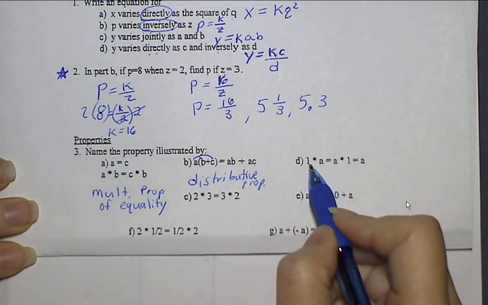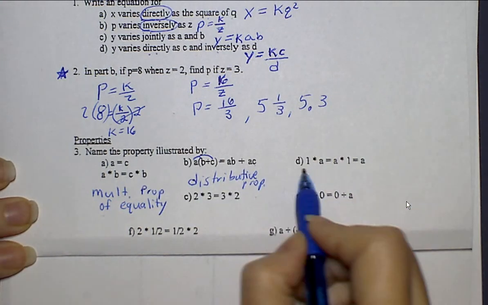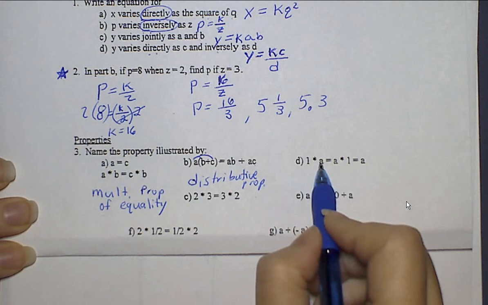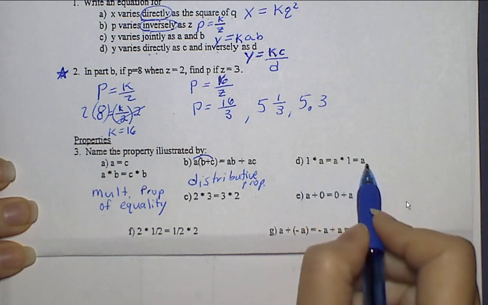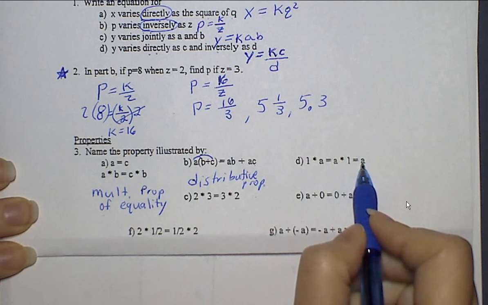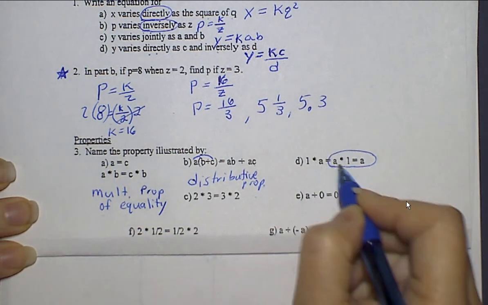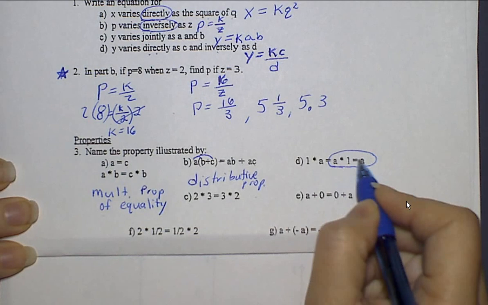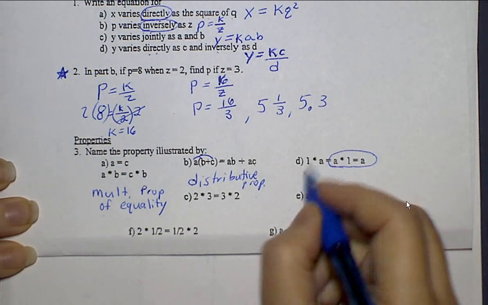So now we have here, I'm going to go just straight across, we have 1 times A equals A times 1, which equals A. So when you have this right here, A times 1, and that equals A, that is your multiplication identity.